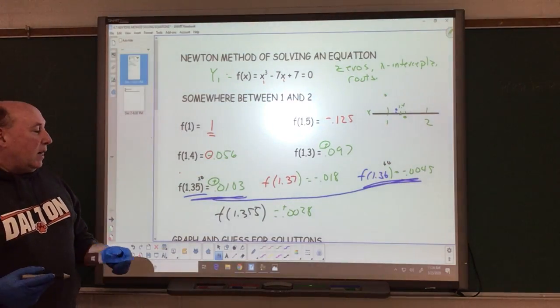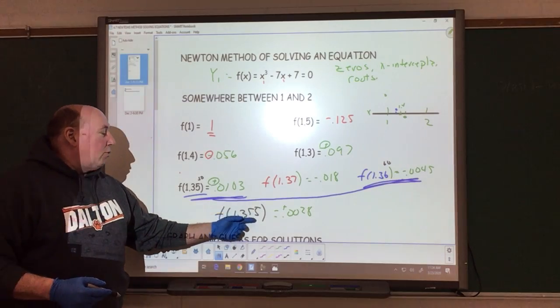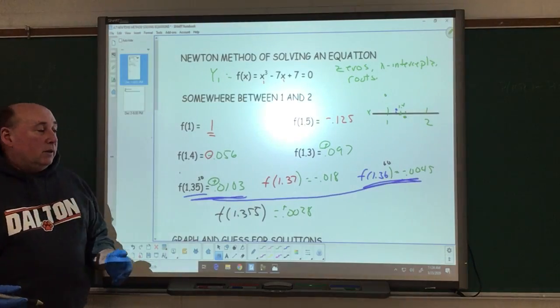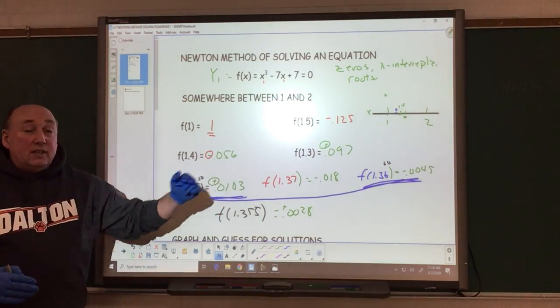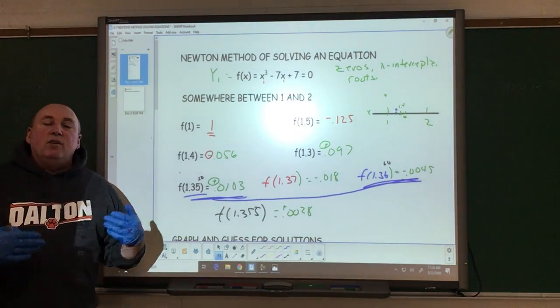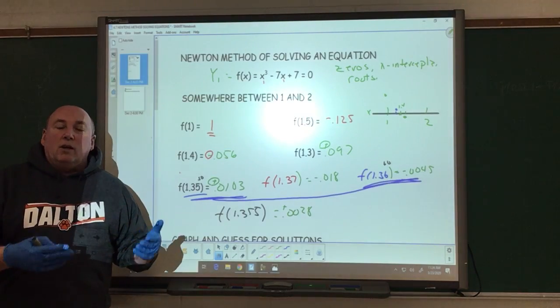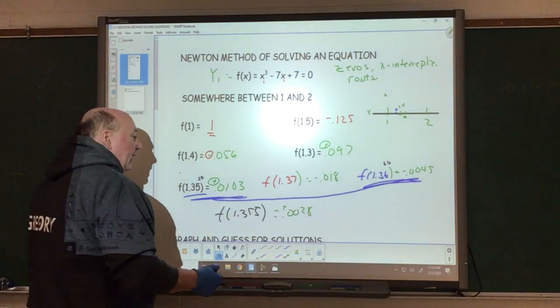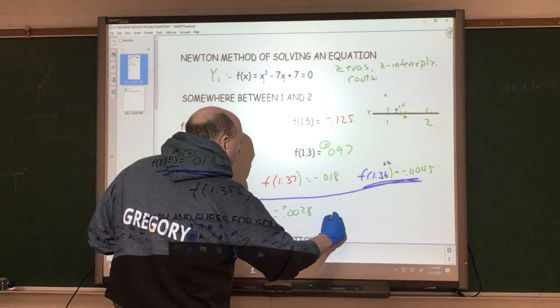So we have to be somewhere in between 1.355 and 1.360. So we can continue this process until we get closer and closer to a zero value if we wanted to. Okay, and it is a painstaking process, but we can do it.